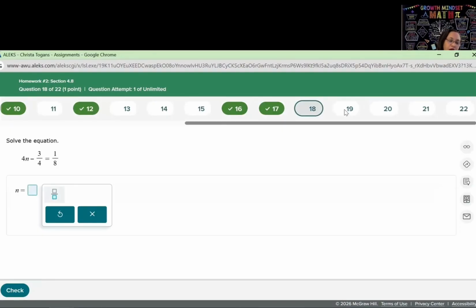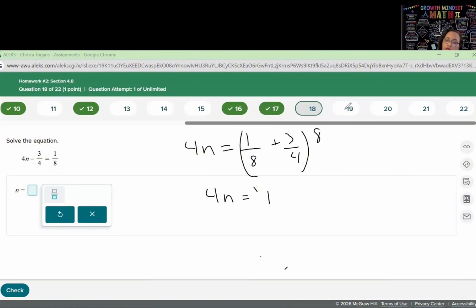So for this one, I'm going to add 3/4 to both sides. My common denominator is 8. So I'm going to get 4n equals 1 plus 8 divided by 4 is 2. So 3 times 2 is 6, all over 8.